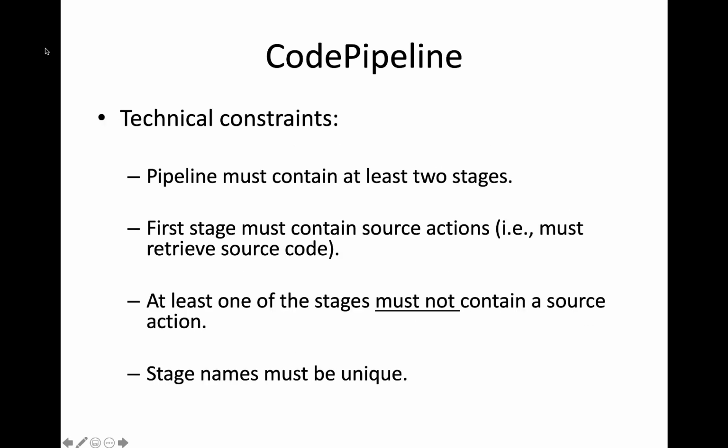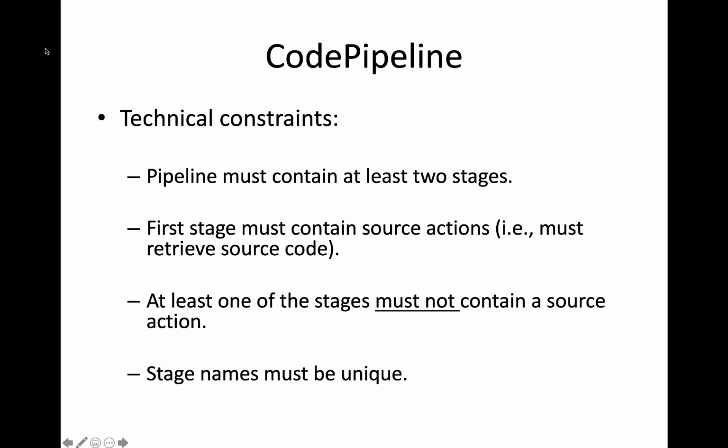There are some technical constraints that you should be aware of when you are building a pipeline using the CodePipeline service. Any pipeline that you build has to have at least 2 stages in it. And the very first stage of the pipeline must contain a source action. In other words, the very first stage of the pipeline must be a stage where your source code is being downloaded.